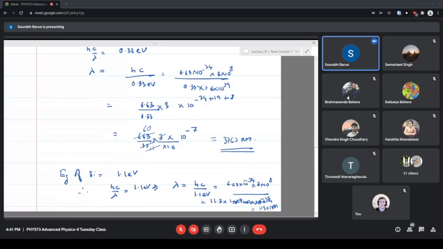So the kind of wavelengths a photodiode will be sensitive to depends upon the material, basically its band gap. Okay, so any questions here? Okay, no questions, then I will proceed to the next part.